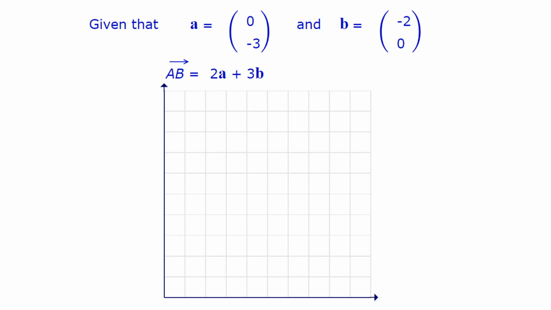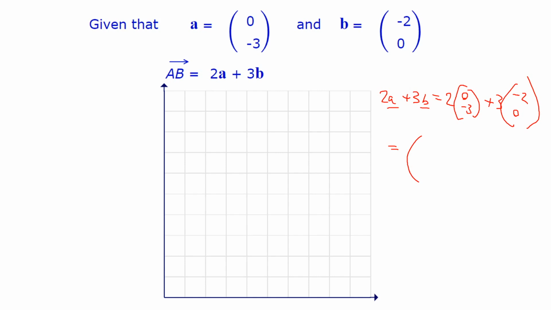So I'll show you what I mean. 2A plus 3B is equal to 2 times (0, -3) plus 3 times (-2, 0). Well, that's the same as, what's 2 times 0?